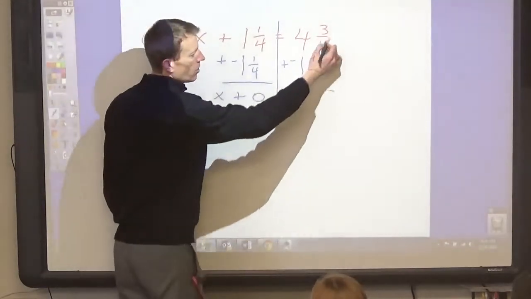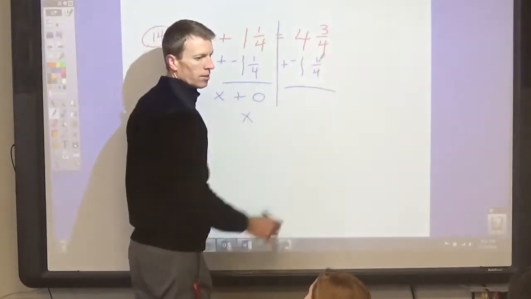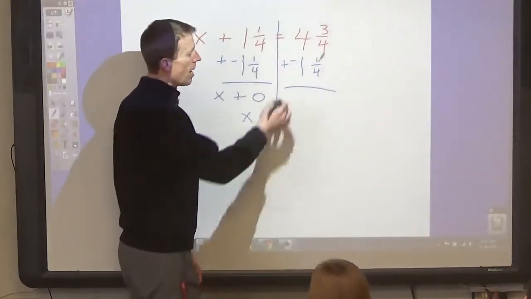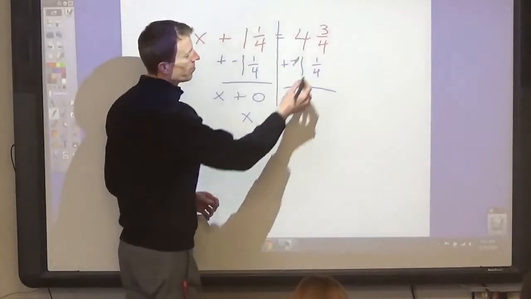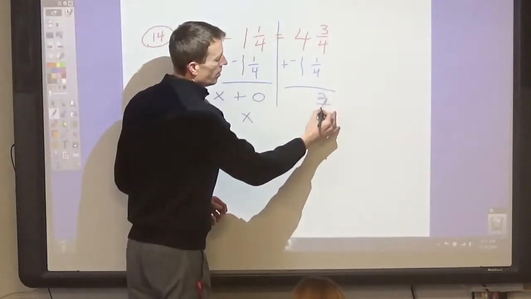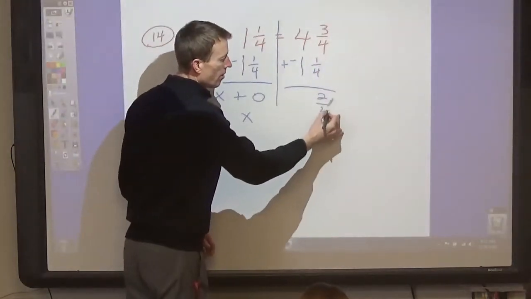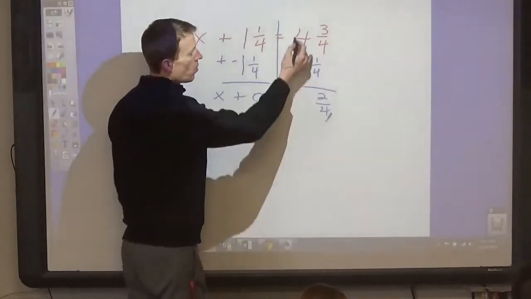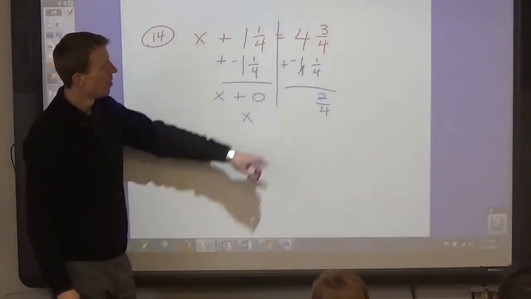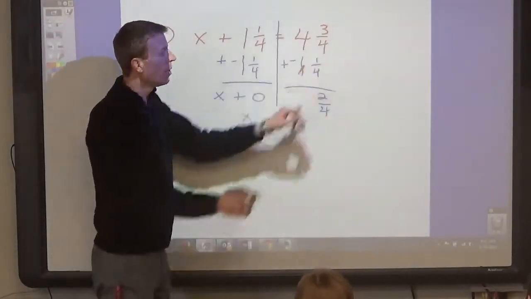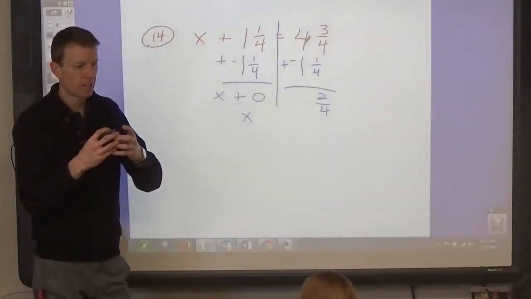Always start with the fraction. Can you do 3/4 minus 1/4? Since we're adding negative, it means we're subtracting. So since we have enough pieces, we have 3 pieces, we can take away 1. And so we don't have to rename the whole number, or rename the number. If we didn't have enough pieces, then we'd have to cross it out and add more pieces. Remember how to do that?